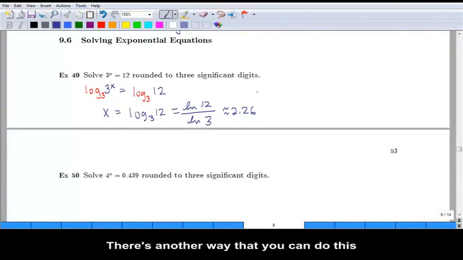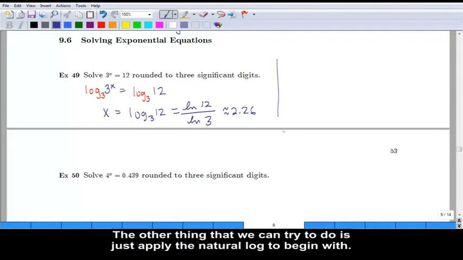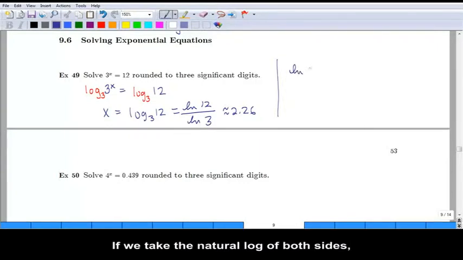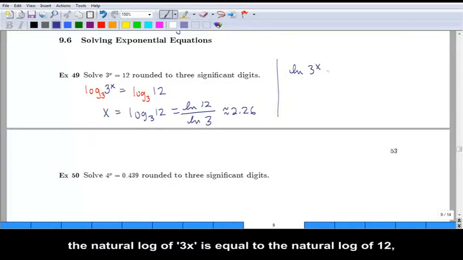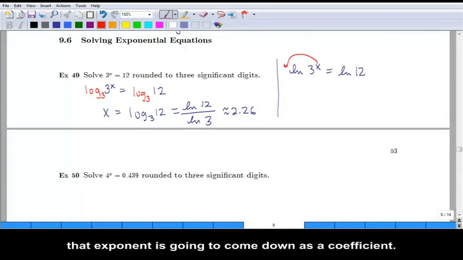There's another way that you can do this, and I'm going to do this over to the side. The other thing that we can try to do is just apply the natural log to begin with. If we take the natural log of both sides, the natural log of 3 to the x is equal to the natural log of 12, then our properties of logarithms tell us that that exponent is going to come down as a coefficient.